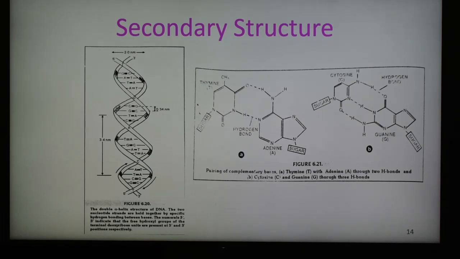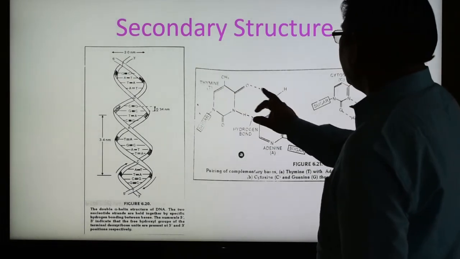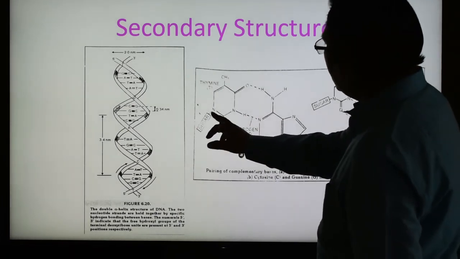Another structure, pairing of complementary bases, is shown here in the second figure. It is shown that the 2 strands are joined together. Here, this is the sugar, this is adenine, and these 2 molecules are joined by hydrogen bonds. This is a hydrogen bond, again sugar is here.